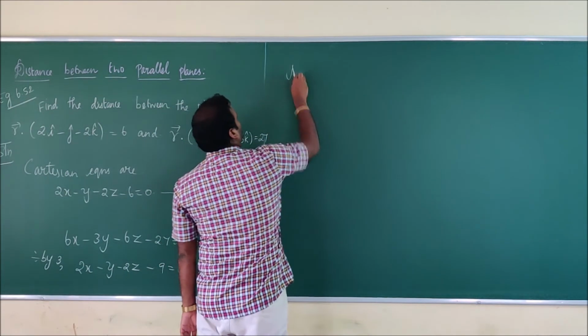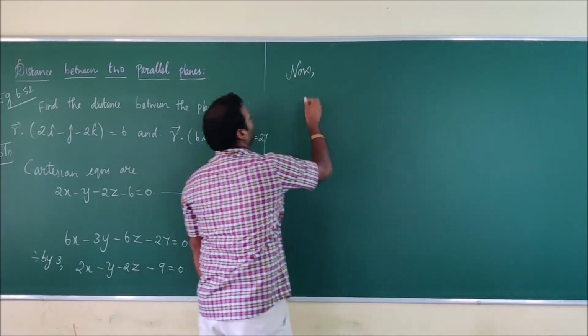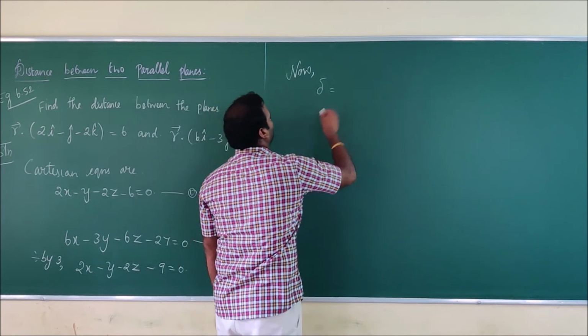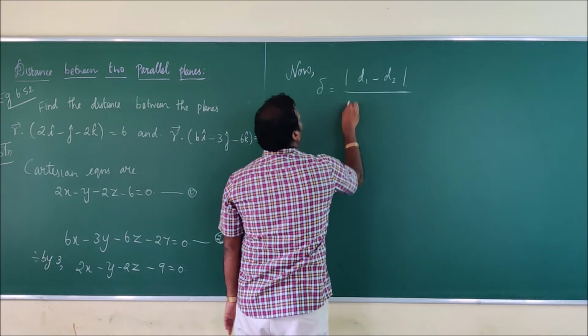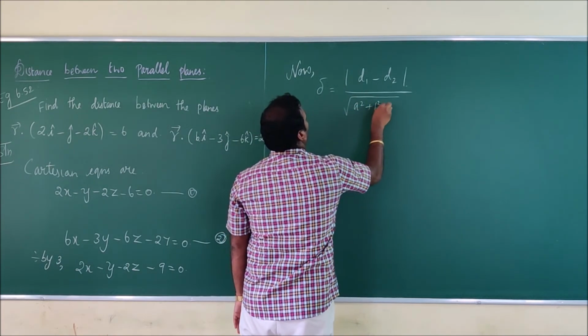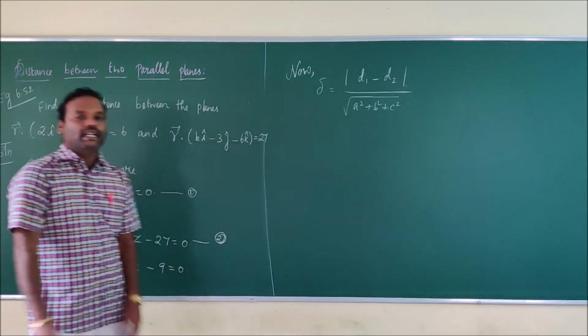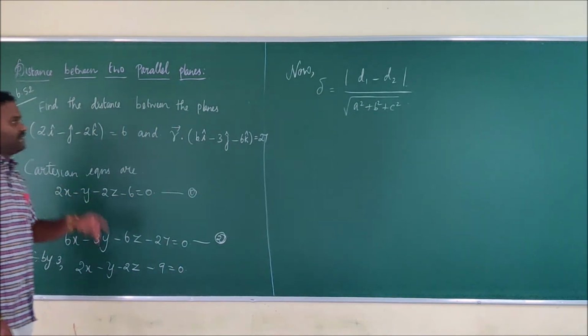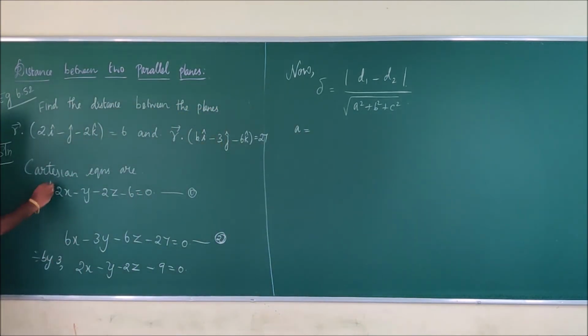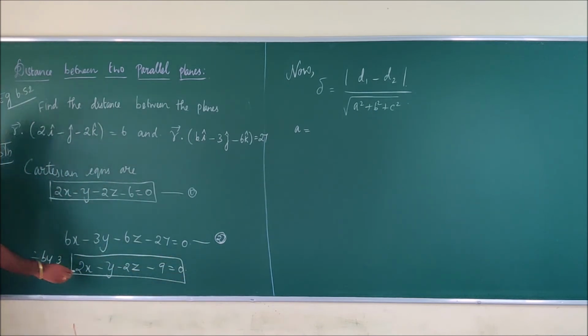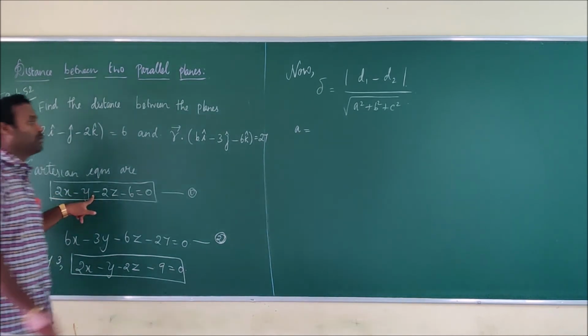Now, we are going to find the distance between the parallel planes. We know the formula: the distance between parallel planes is modulus of D1 minus D2 divided by root of A square plus B square plus C square. Now identification of values. The value of A can be taken from either equation, because both are the same.